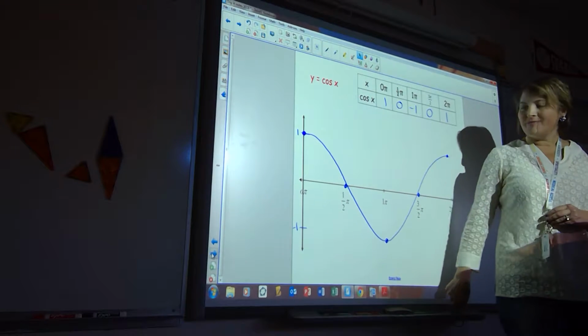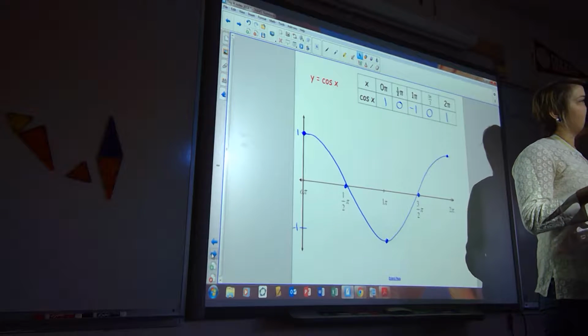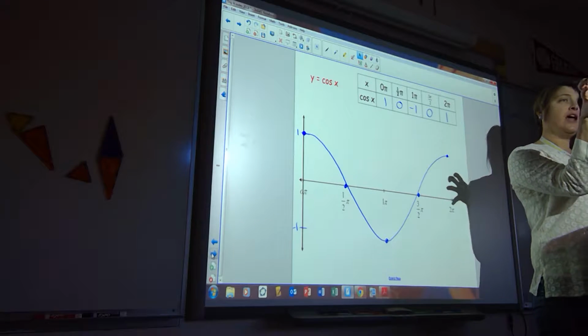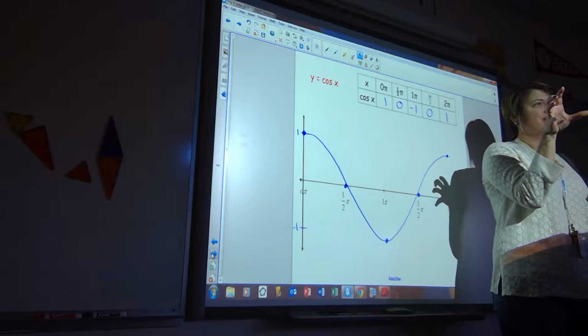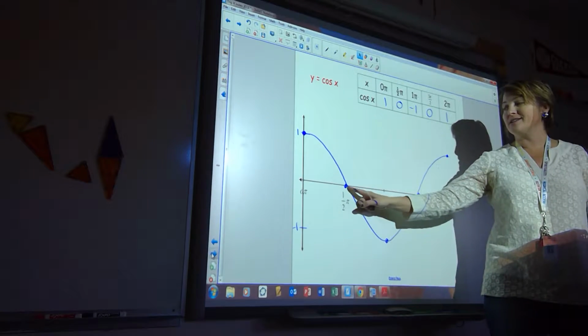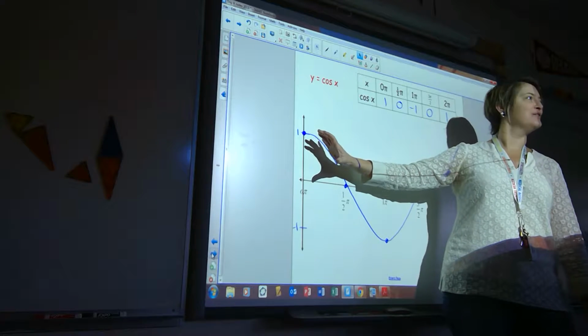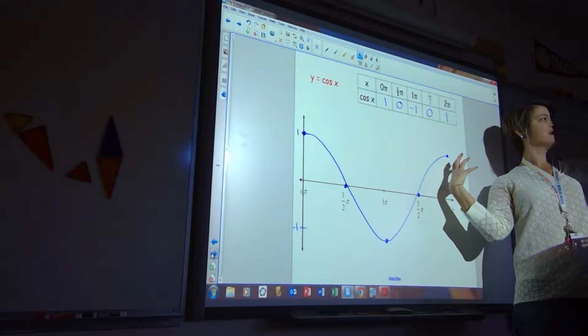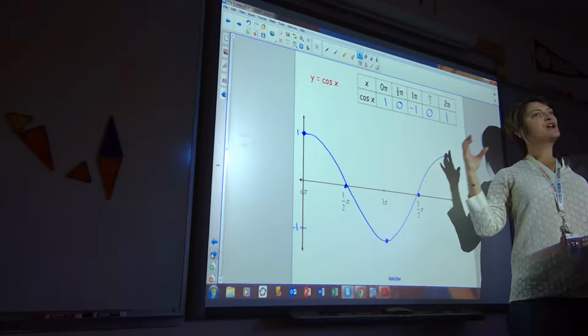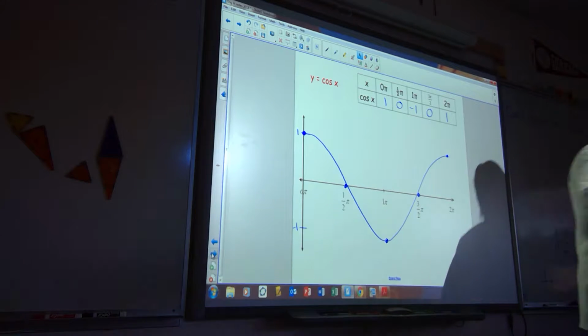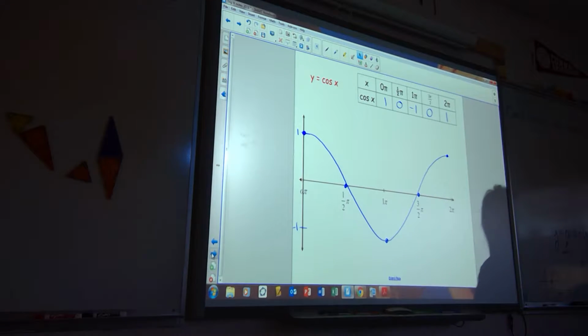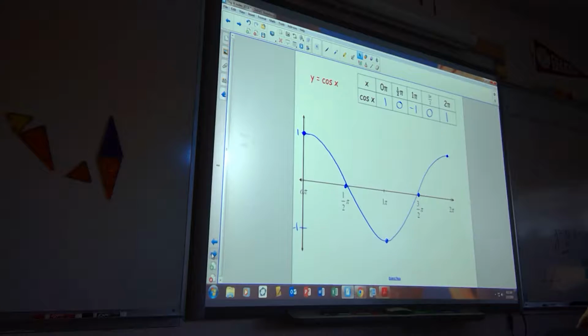So, remember that I said that the sine curve had one hill and one valley? The cosine curve has a full valley, and it has half of a hill over here and the other half over here. The cosine curve is literally the same curve as the sine curve. It's just snapshotted at a different position.